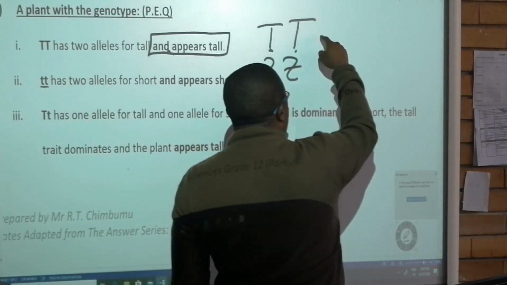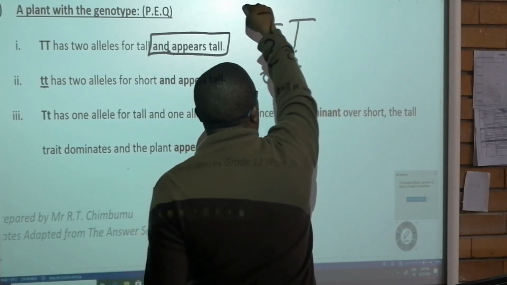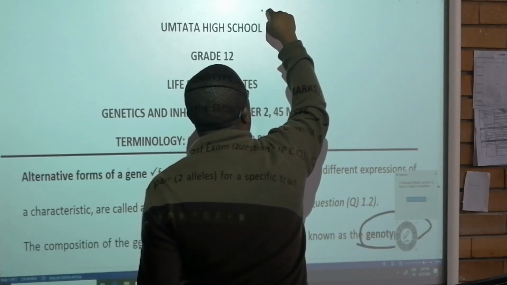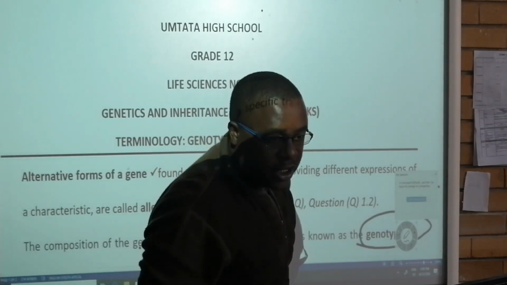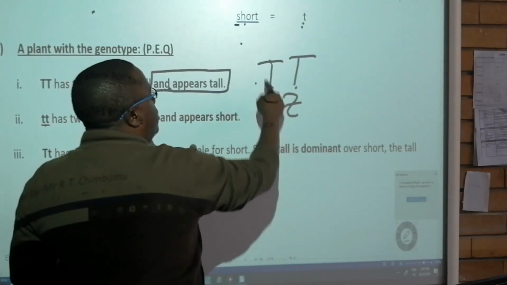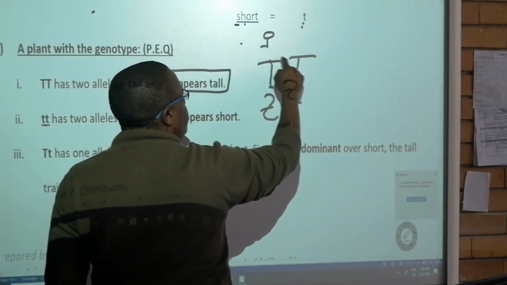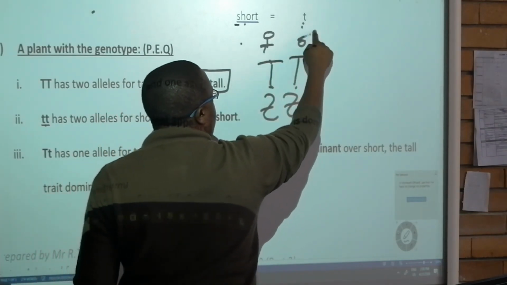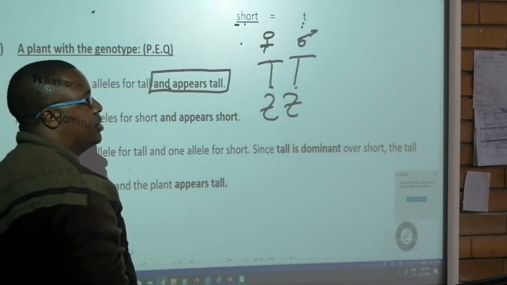So this allele is coming from the mother. Give me a second. This allele is coming from the mother. And then this one is coming from the father.